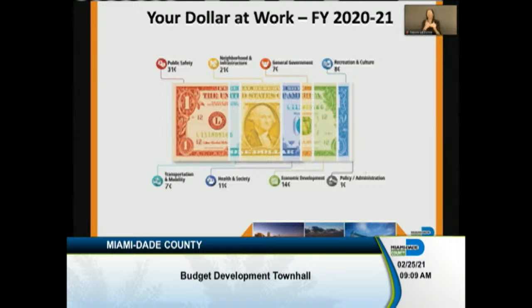Recreation and culture includes parks, libraries, and cultural affairs. Neighborhood and infrastructure include water and sewer, solid waste, and animal services. Public safety includes police, fire, and corrections. General government includes supporting departments such as elections, information technology, finance, and the Inspector General.